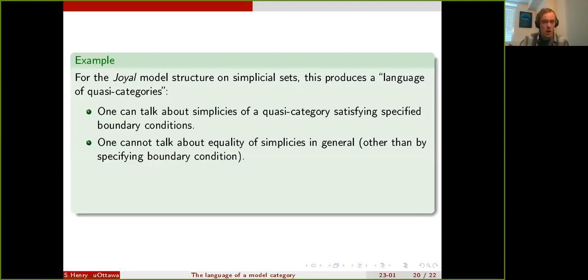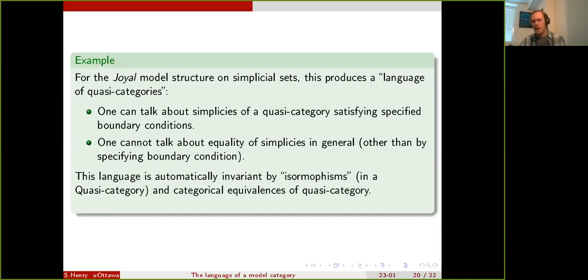But you cannot talk about equality of simplices in general, other than the equality needed to specify the boundary conditions. What you can do, however, is to talk about homotopy between simplices using higher dimensional simplices.